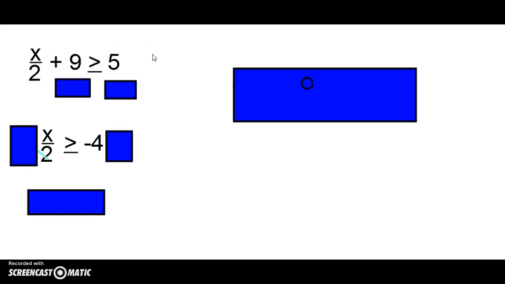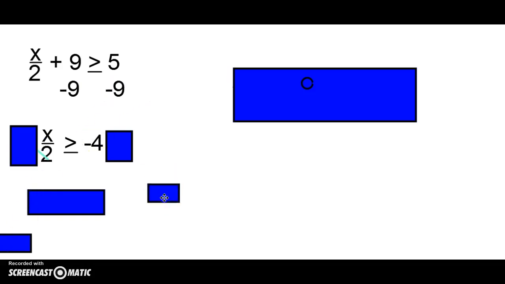Next inequality, you'd have x divided by 2 plus 9 is greater than or equal to 5. So you'd say I want to undo the 9, subtract 9 from both sides. The 9s cross each other out.